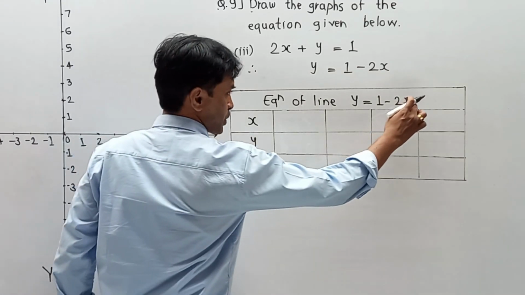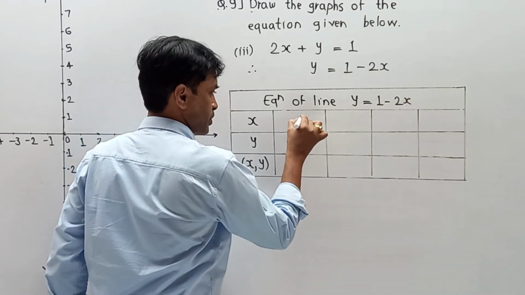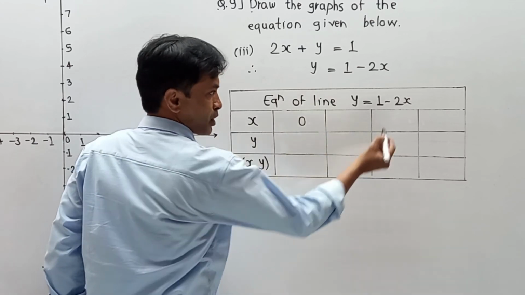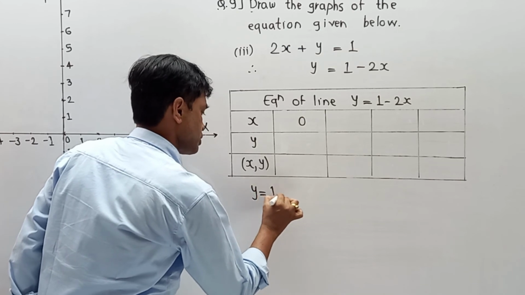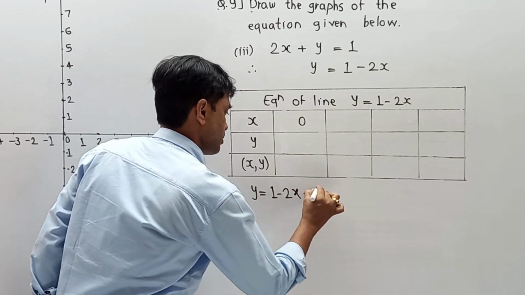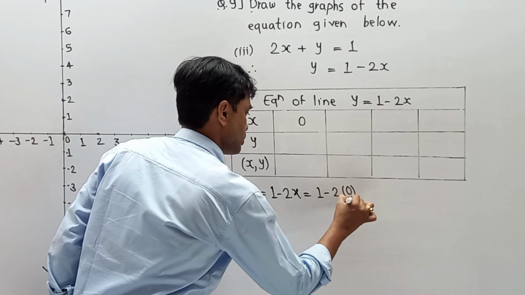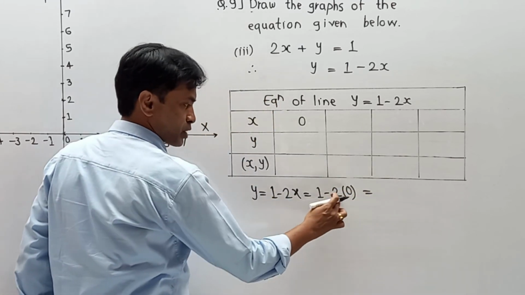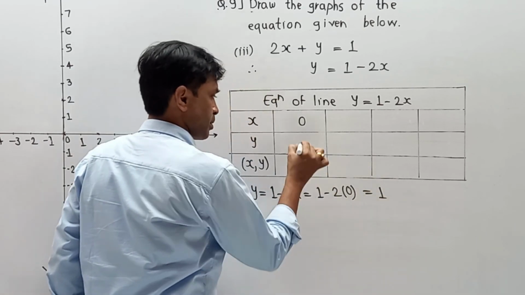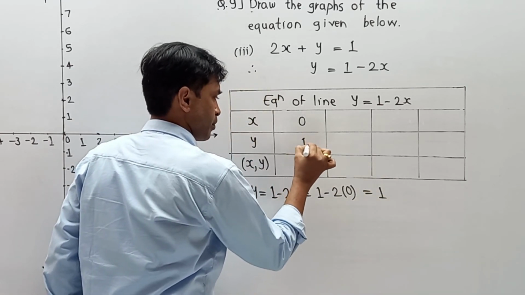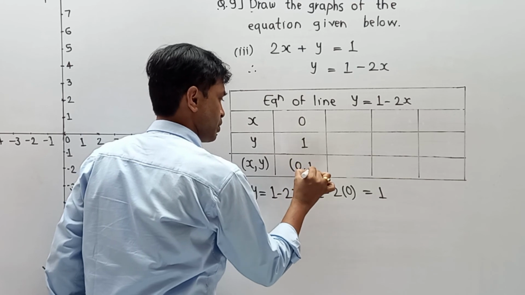For example, if I put the value of x as 0, the first value of x is 0. So y is equal to 1 minus 2x, means 1 minus 2 into 0. 2 into 0 is 0, and 1 minus 0 becomes 1, so the value of y becomes 1, and the coordinate becomes 0, 1.